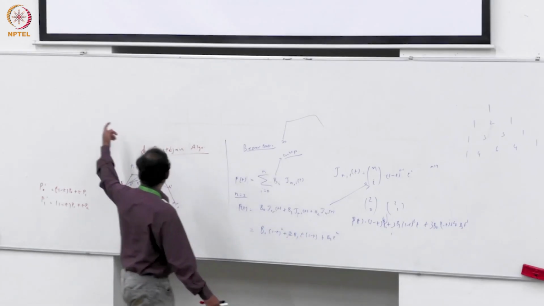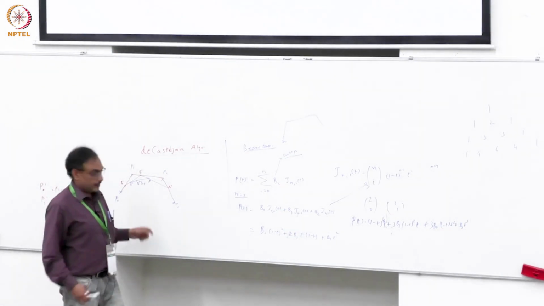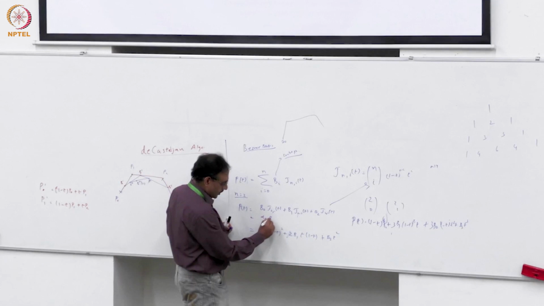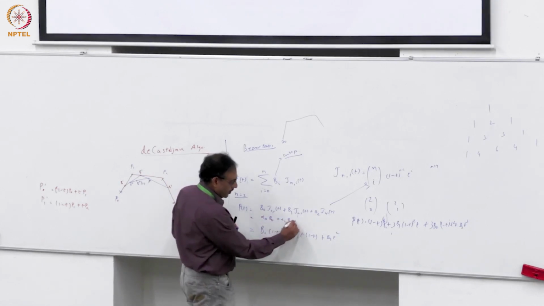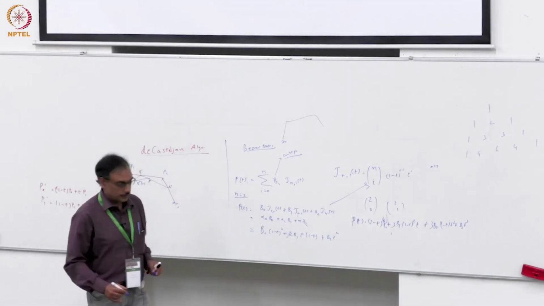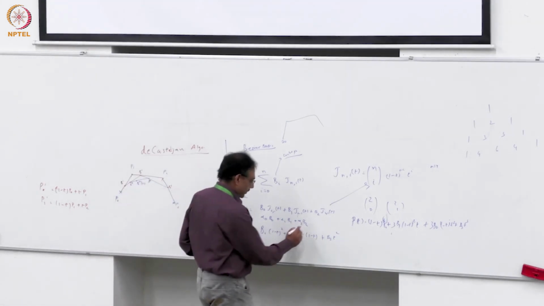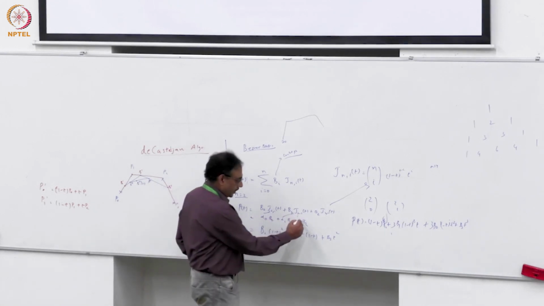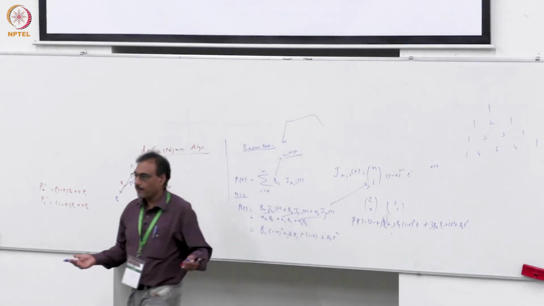See, it is alpha naught p naught plus alpha 1 p 1. So, if you write this equation, it is basically alpha naught b naught plus alpha 1 b 1 plus alpha 2 b 2. What is alpha naught plus alpha 1 plus alpha 2? So, this is J 2 0 and then J 2 1 and then J 2 2, they are the alphas, right.